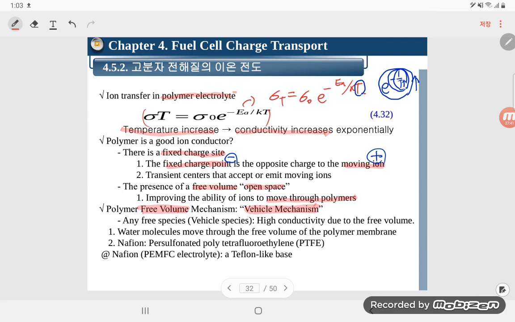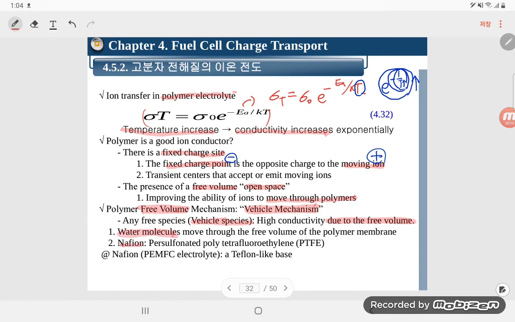So the vehicle mechanism makes it possible for this polymer electrolyte to have a very high conductivity. Any free species, the vehicle species, gives high conductivity due to the free volume. Because of this free volume, the water molecules move through the free volume of the polymer membrane.